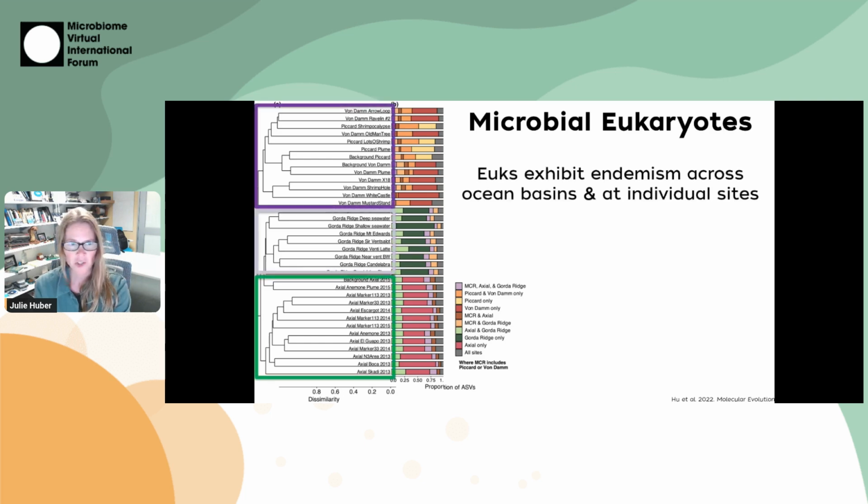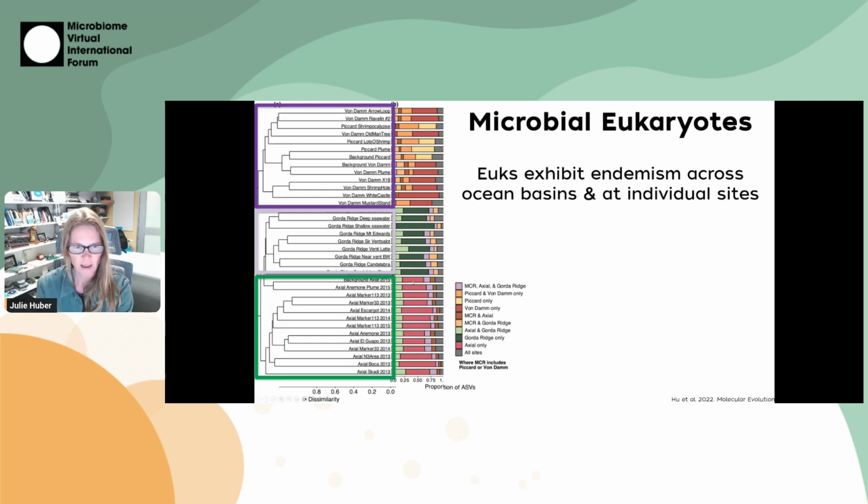And basically, she found that these organisms exhibit endemism across these ocean basins, very similar to what we see in bacteria and archaea. And it's actually a little bit hard to see, but she found that, for example, there were some sequences that were only detected down here in this red bar. They were only found at Axial.